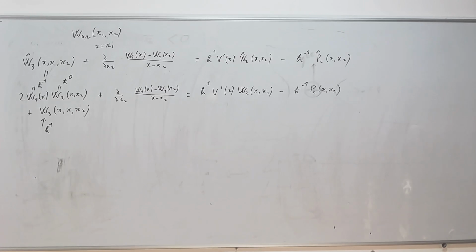So what is the leading order of this equation? You see that to leading order, you don't have to worry about W3. W3 will start to appear only at next to leading order.